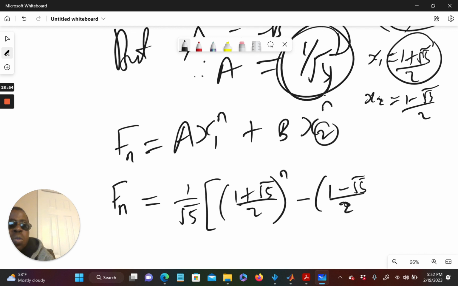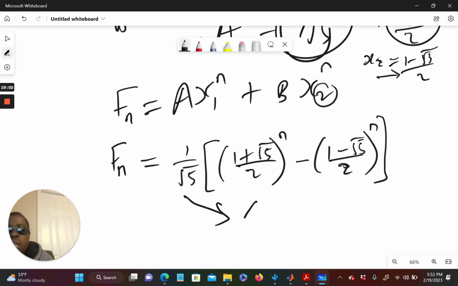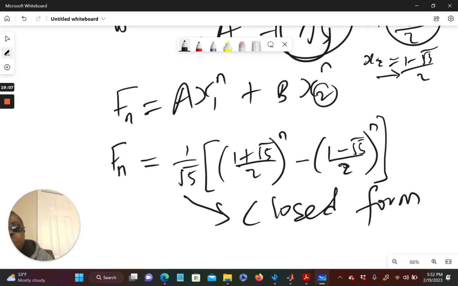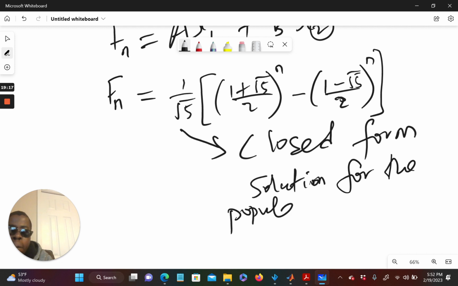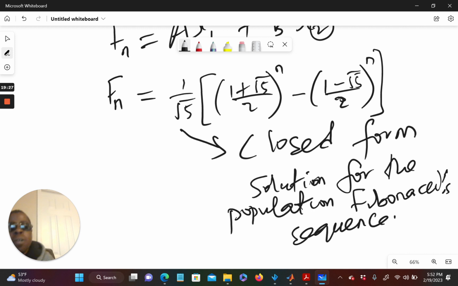That's my x2, raised to power n. Now, this is the closed form solution for the popular Fibonacci sequence. You see that? That is the closed form solution for that.